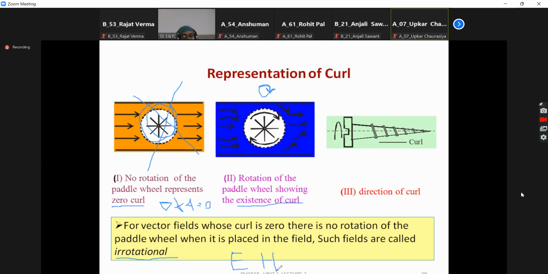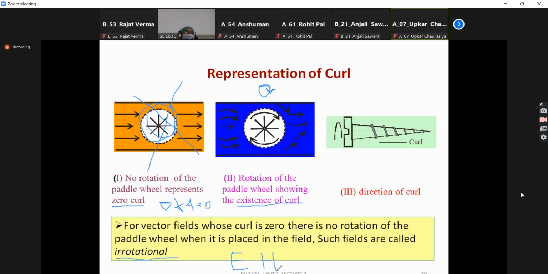No. Versus if I say that your charges are moving but not at a constant rate, with any variable rate, उससे जो इलेक्ट्रिक फील्ड जनरेट होगा that will be not static. That will be time varying.